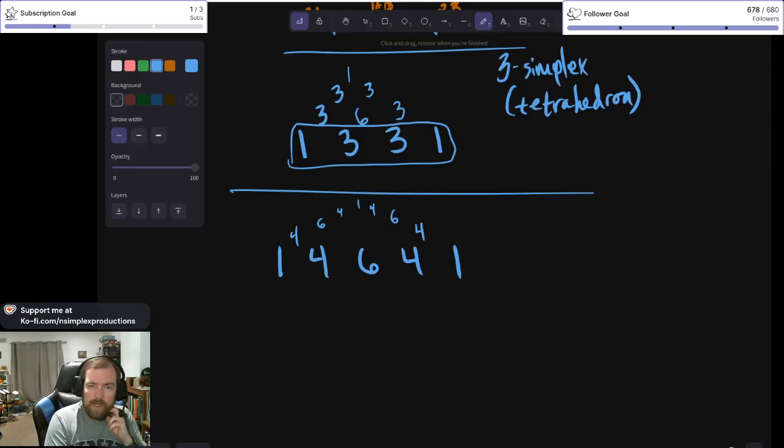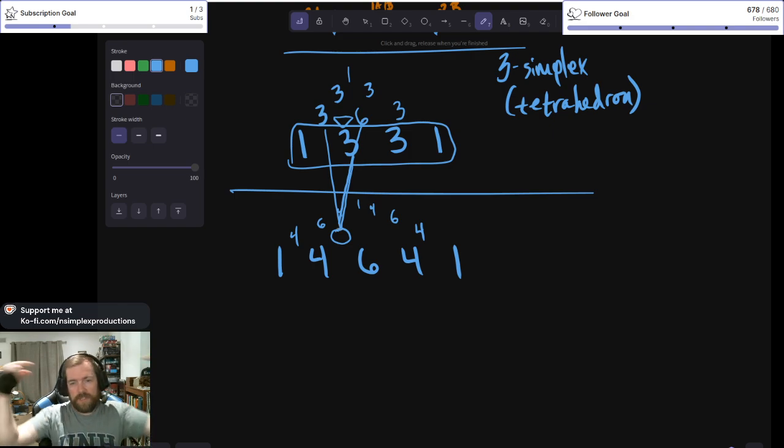Well, we know that these three are all going to drop into one bin, and that is right here. So all three of these could potentially drop into that circle. So what's the number that's there? How many paths do we take in order to get to that location? It's the sum of those three.